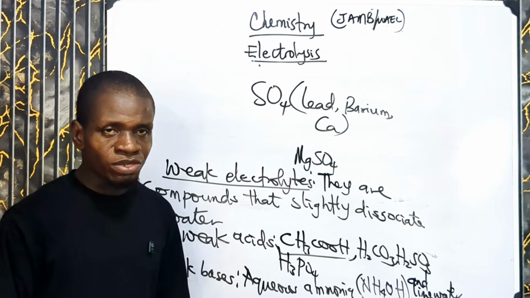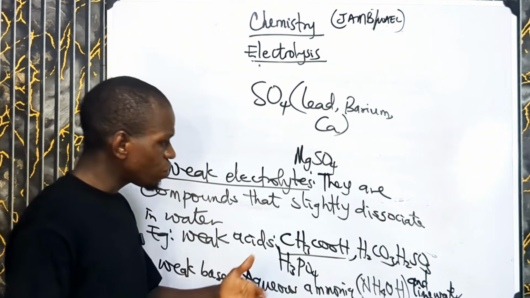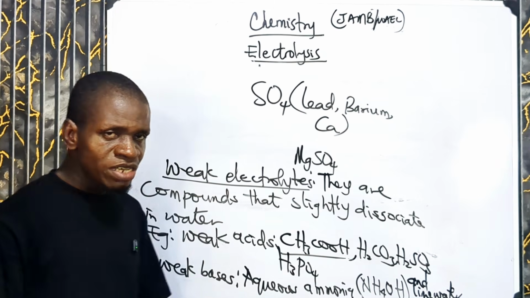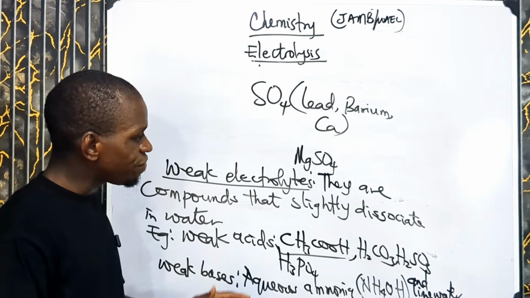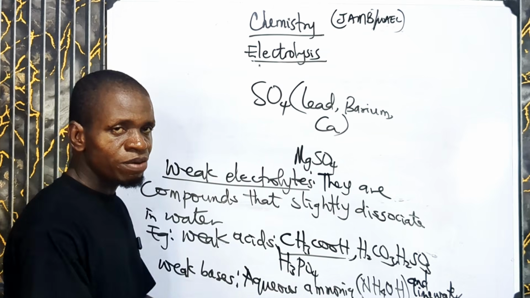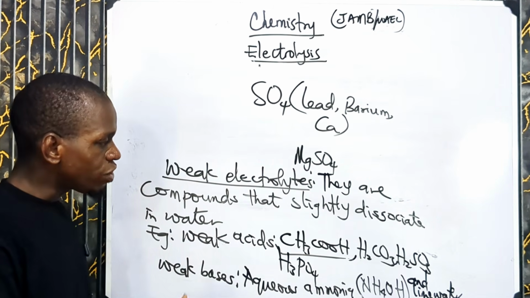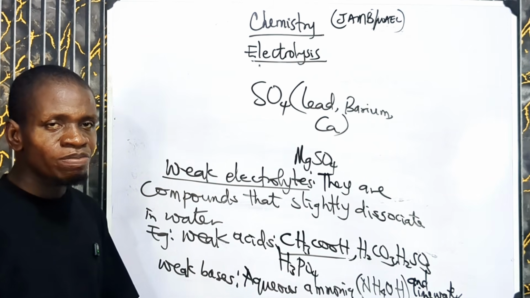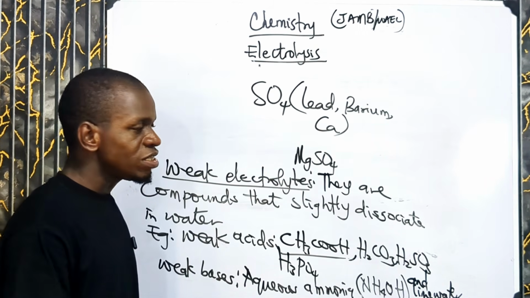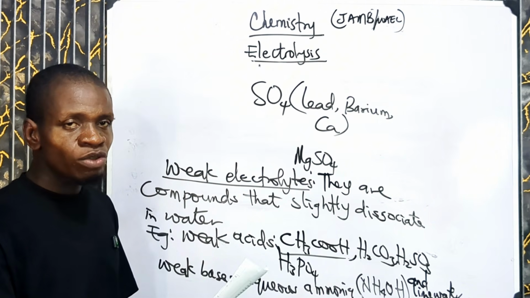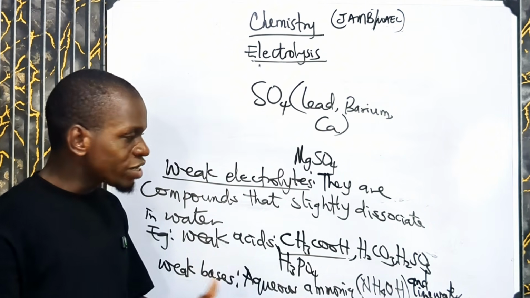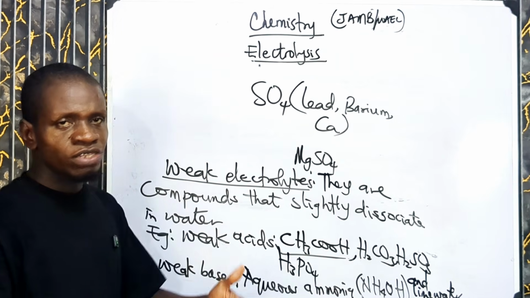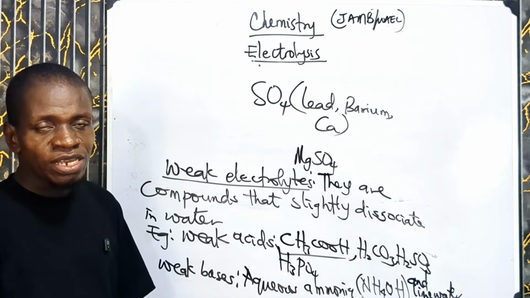Somebody might be wondering, do we actually need the conductivity of electrolytes? Yes, they might give you different electrolytes from different classes, probably a non-electrolyte, a weak electrolyte, and a strong electrolyte, and you might be asked to arrange them in order of increasing conductivity. You are expected to do that yourself. That's why we need to see this, because it sometimes appears in your exam.